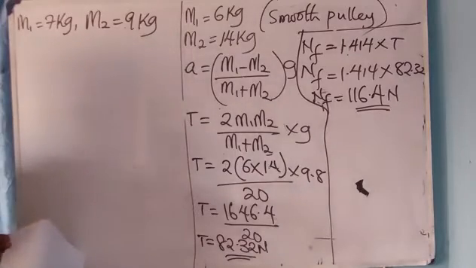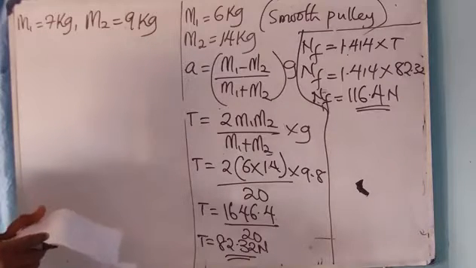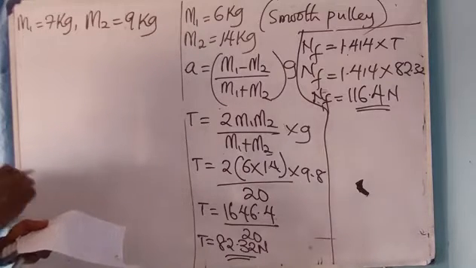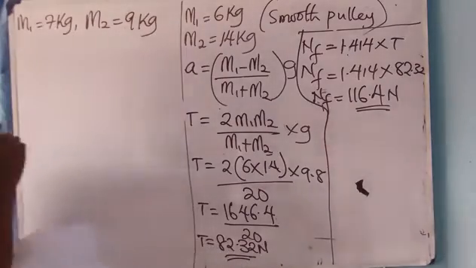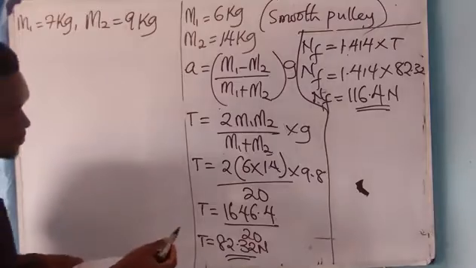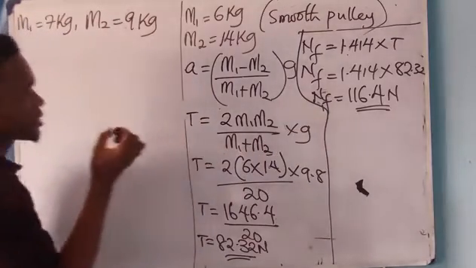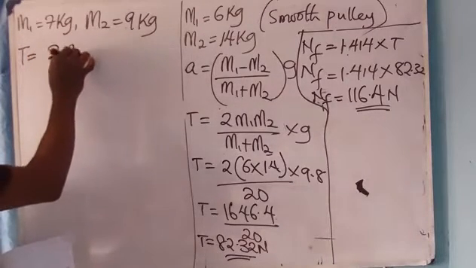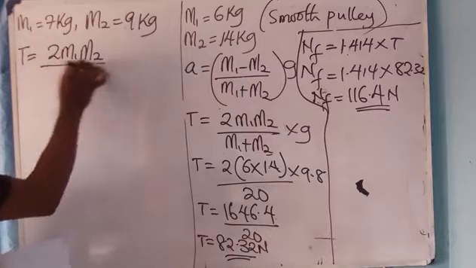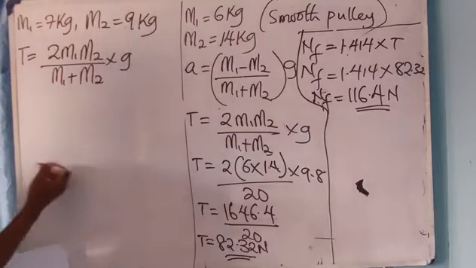Look at the word here, smooth pulley. What is the force on the pulley? Now I told us, for me to calculate the force of a smooth pulley, we have to look for the tension first. Now the tension of a smooth pulley system is 2 m1 m2 over m1 plus m2 times g.